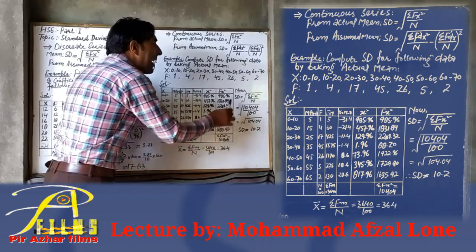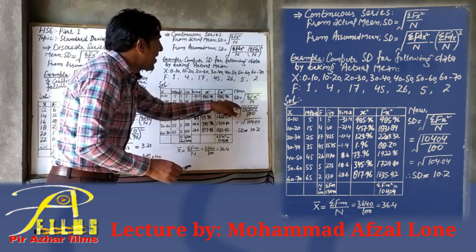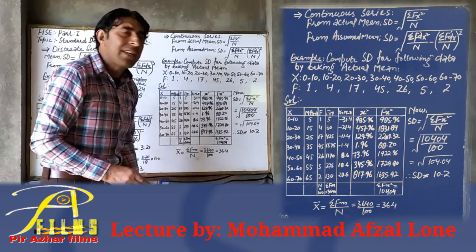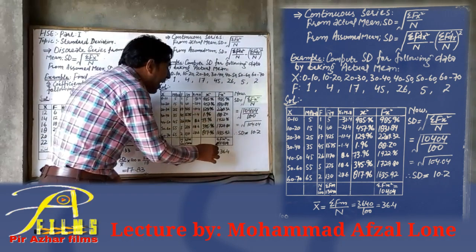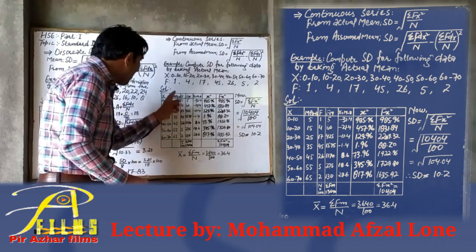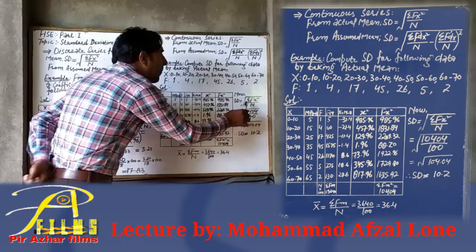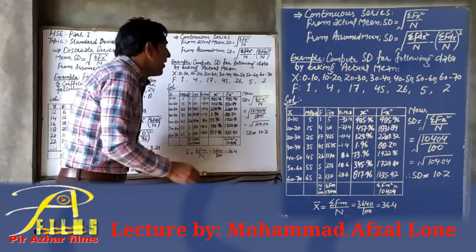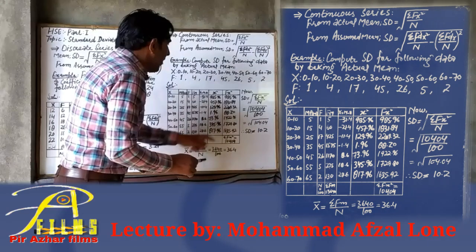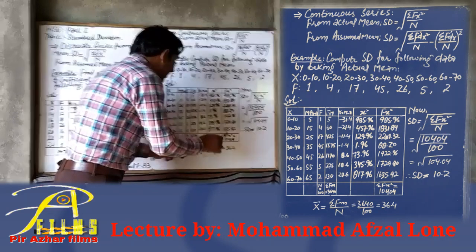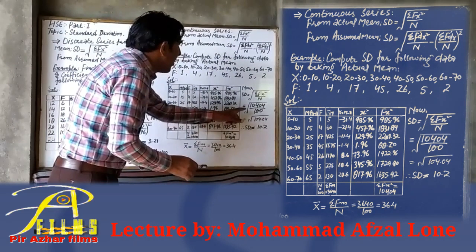Now, inserting these values in the formula to calculate the standard deviation in continuous series by actual mean, we have the formula SD is equal to the square root of summation of fx square divided by n, where SD is standard deviation, summation of fx square is the sum of fx square, and n is the number of items, the sum of f. Now, instead of summation of fx square, we write 10404 divided by n, which is 10404 divided by 100.